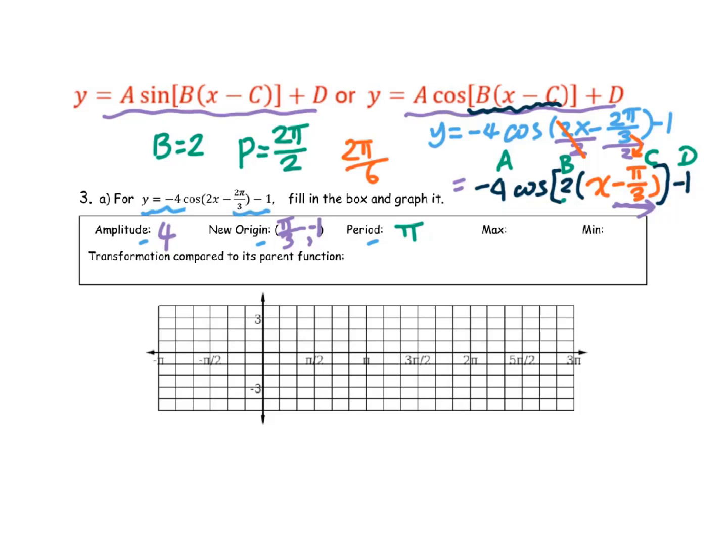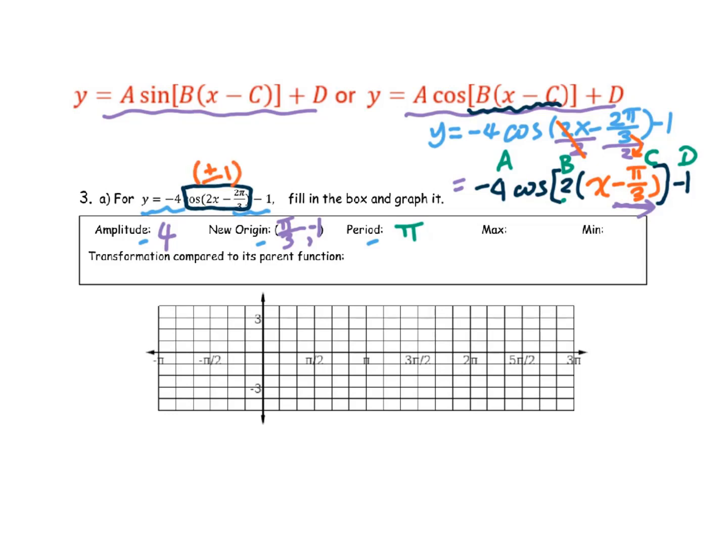For maximum, you can use original function or you can use a transformed function. You will get the same answer. Therefore, let's do this. For cosine function, this one, you will change it into plus or minus 1.